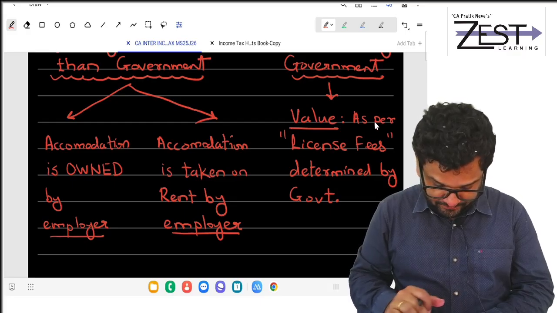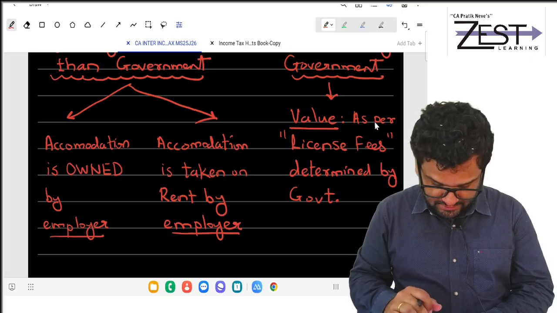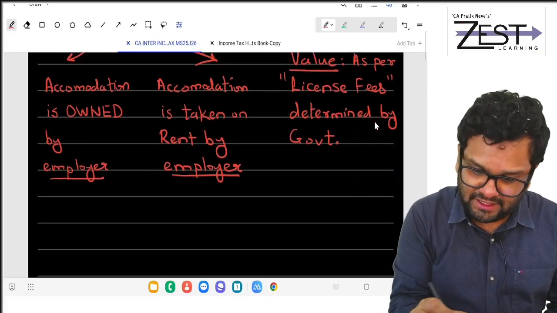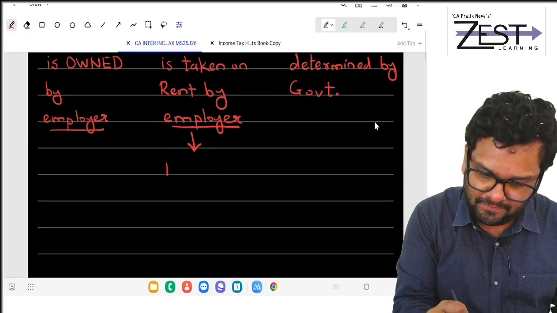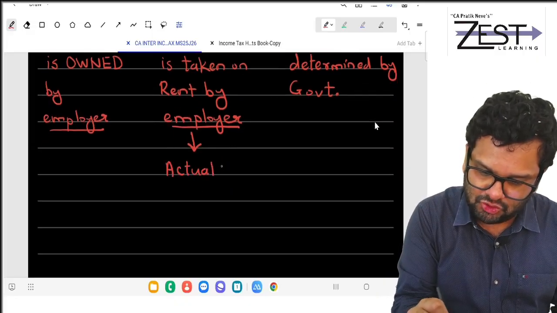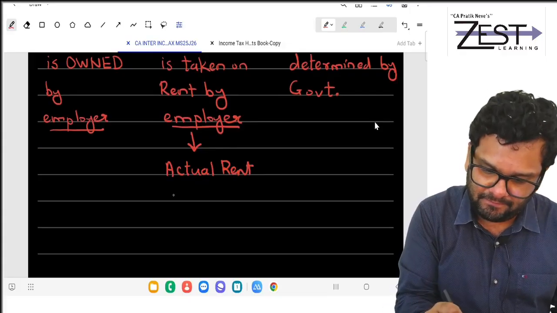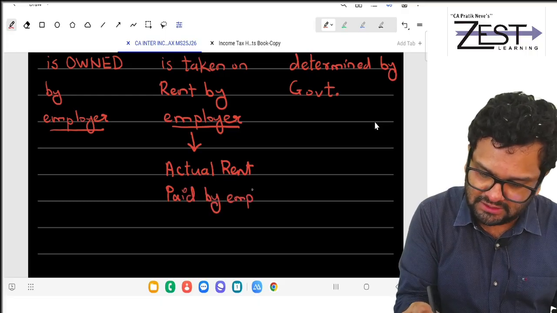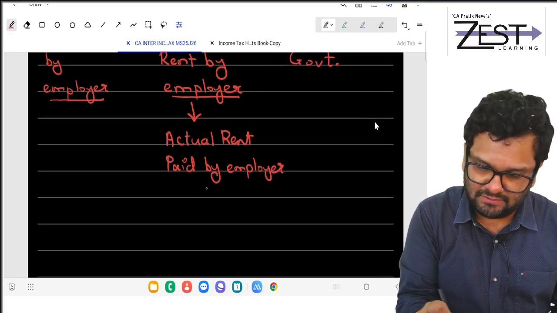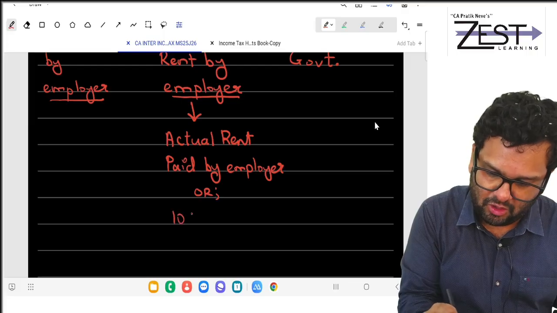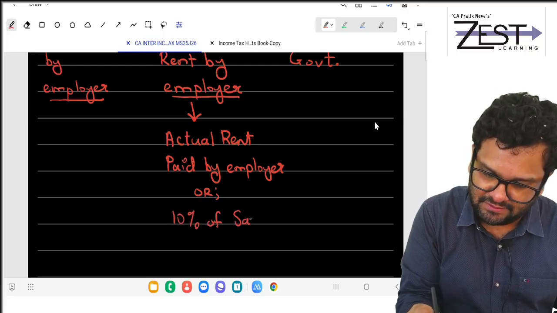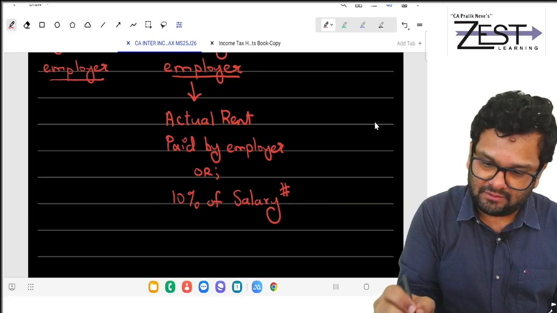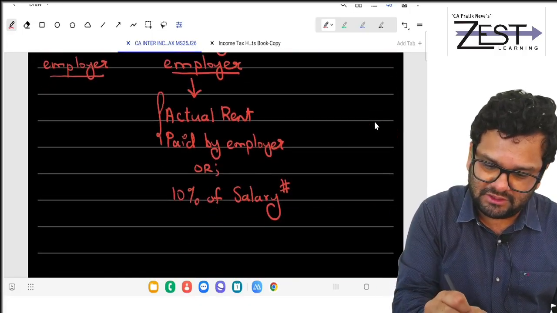Where it is taken on rent by the employer, the valuation will be the actual rent paid, of course by the employer, or 10% of salary, whichever is lower.